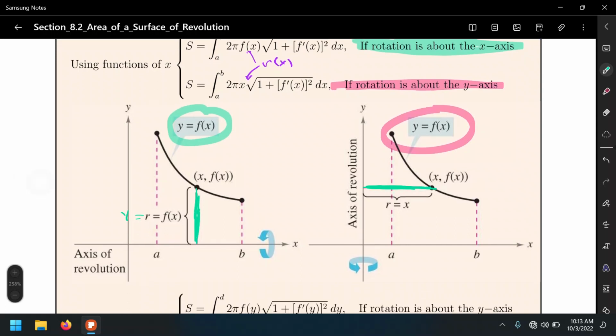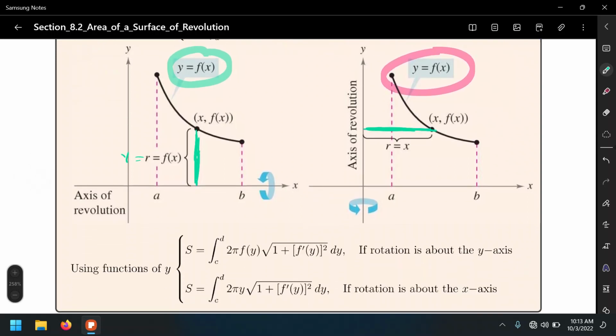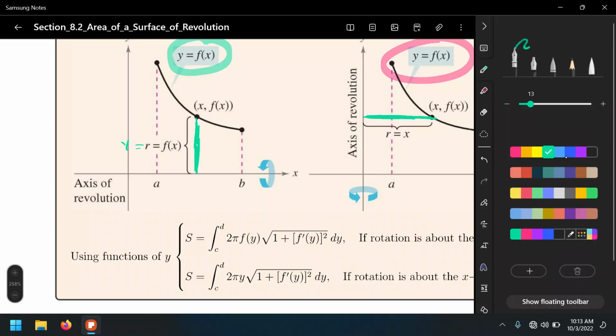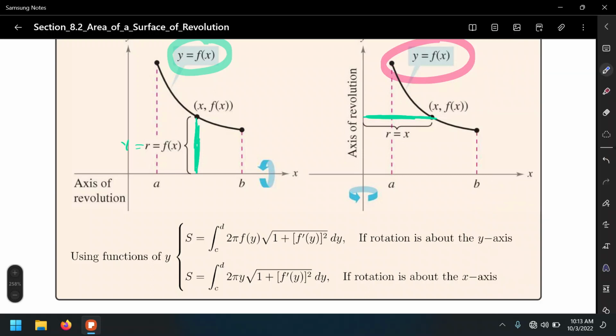And in this case, the setup for the formulas right here, whenever we're using functions of x, this r of x is really the average radii of the frustum of this cone. Notice a pattern here.